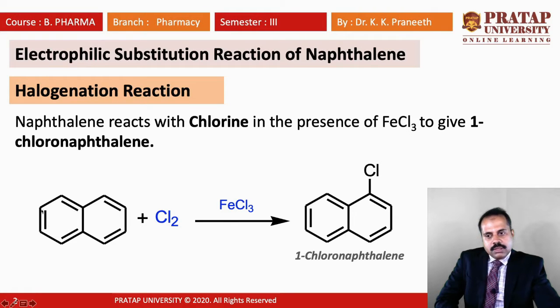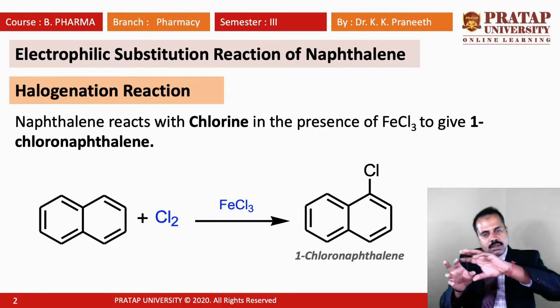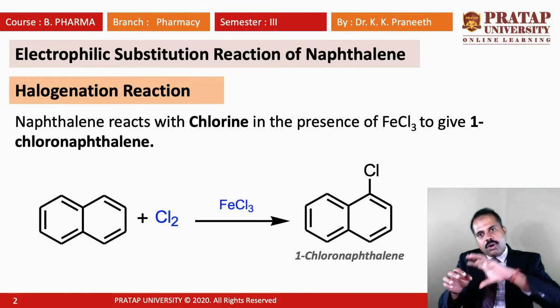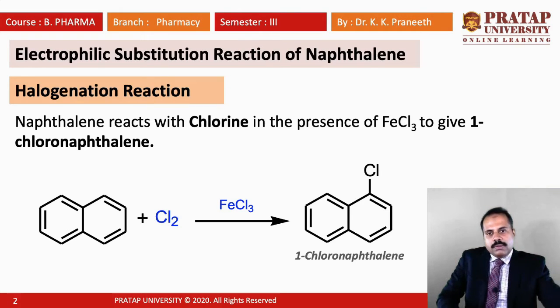These are pi bonds, so this is an electron rich compound, and it can react with an electrophile. Electrophiles are positive species, so electron rich species like to attack positive species, because positive species want electrons.